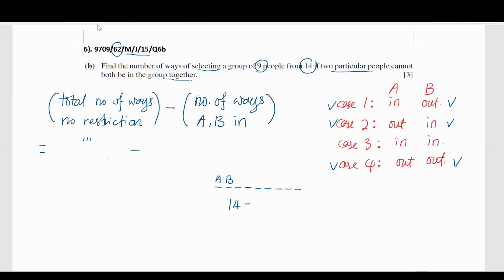When both A and B are in the team, we minus out these 2 particular persons, A and B, then we still have 12 people left, right? So from the remaining 12 people, we need to select 7 more people to form the group. All right, the number of ways will be given by 12C7. Hence, by using calculator, we will get the number of ways is 1210.